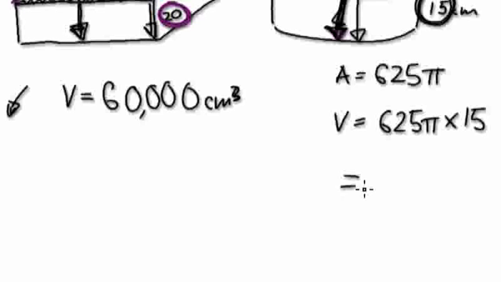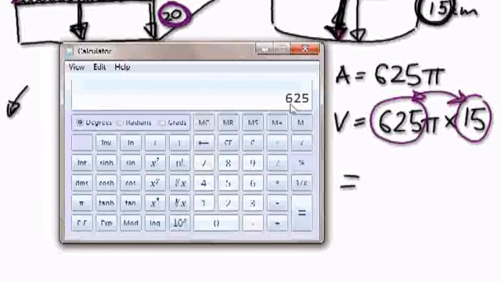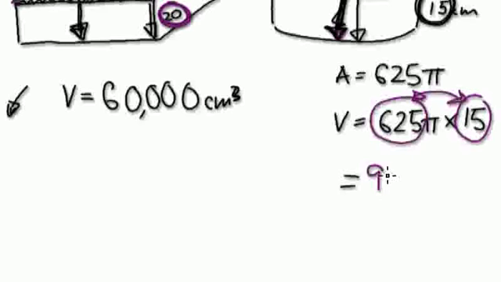So the volume. Let's merge these two numbers together first: 625 times the 15 here equals 9375. And remember the pi, because we still have to multiply the pi.